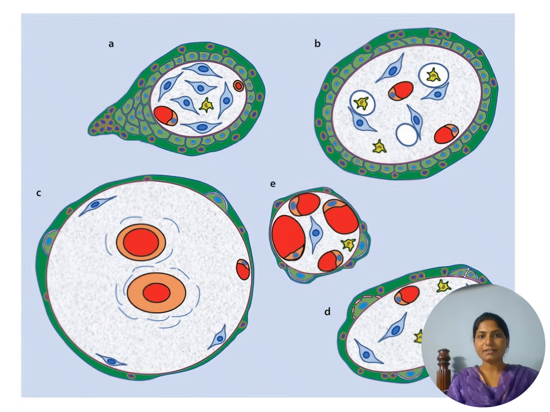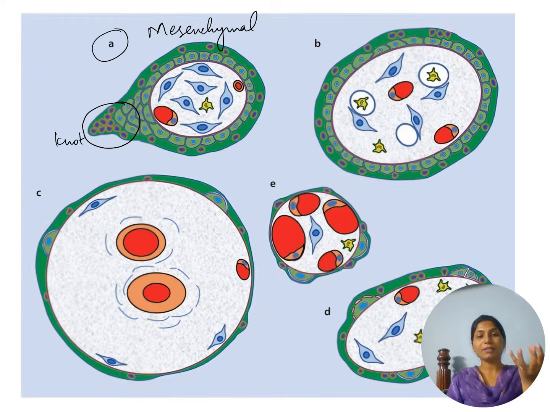So this slide is just to understand the pictorial representation of whatever I told earlier. What is A? It is nothing but the mesenchymal villi. We are seeing a layer of cytotrophoblast, and this is a layer of syncytiotrophoblast, and something we are seeing here is called a syncytial knot. Sometimes the toxins or whatever waste material is collected in the form of a knot, and then it is extruded into the maternal blood and cleared away.